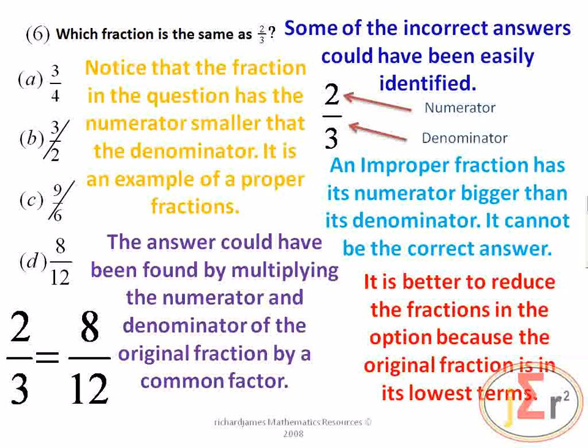Alright, so if we reduce the fractions to their lowest terms, it will be quite easily seen which one will be our correct answer because this one is in its lowest terms. So let me repeat that. If we reduce the fractions that we have in the options to their lowest terms, it will be easy to see the correct answer because the one in the statement of the problem is in its lowest term.